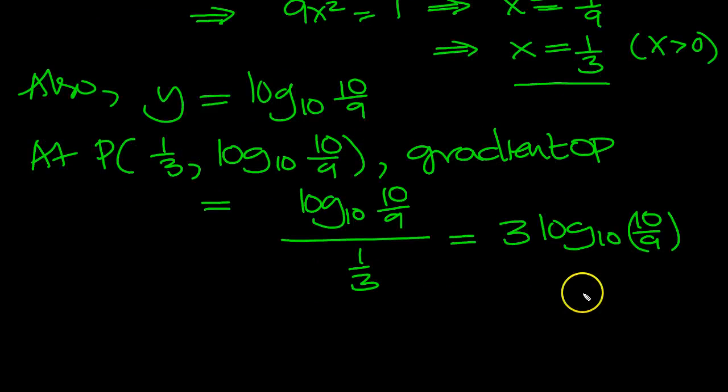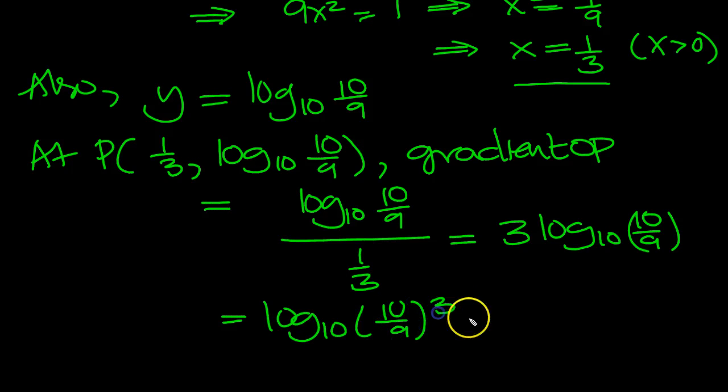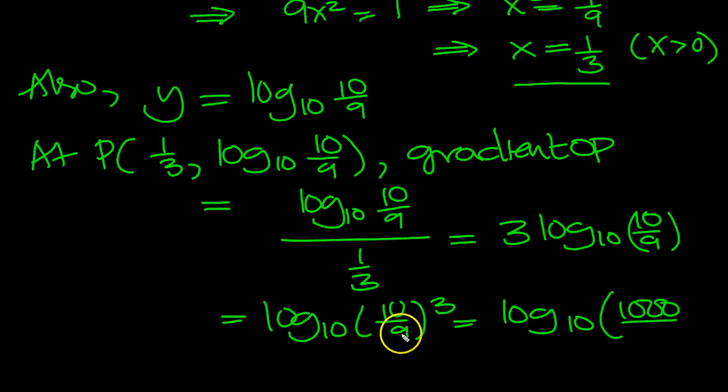Use the power rule for logarithms: log 10 of 10 over 9 cubed, which is log 10 of 1000 over 729. 10 cubed is 1000. 9 cubed, 9 nines are 81, 9 eights are 720, so it's 729, isn't it? Type it in the calculator if you need to.